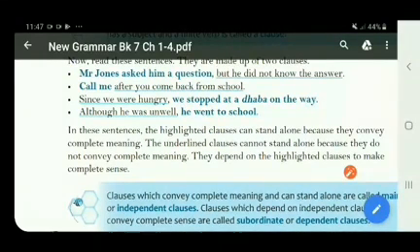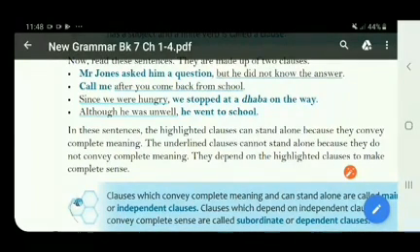So children, from these 4 sentences, what have we understood? The highlighted clauses can stand alone because they convey complete meaning. And these highlighted clauses are what? They are the independent clauses. The underlined clauses cannot stand alone because they do not convey complete meaning or complete information. They depend on the highlighted clauses to make complete sense.